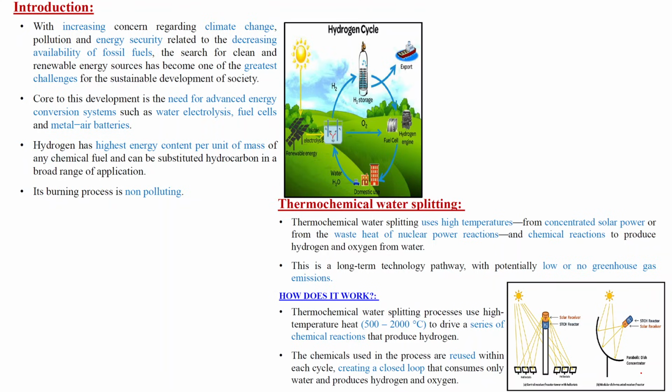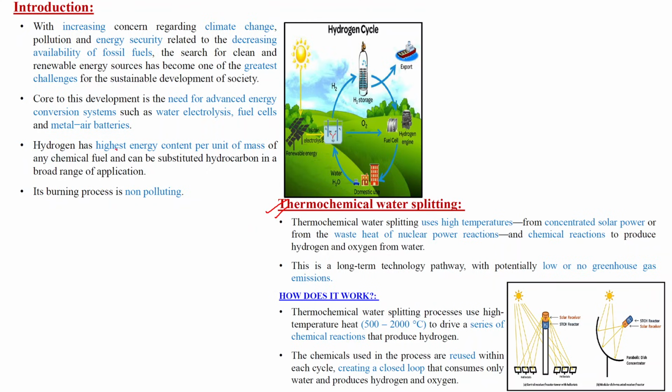So now coming on to another process of producing hydrogen, which is thermochemical water splitting. So, with increasing concern about climate change and energy security, we need to search for clean and renewable energy sources so that all these climatic problems and pollution are brought to a stop.